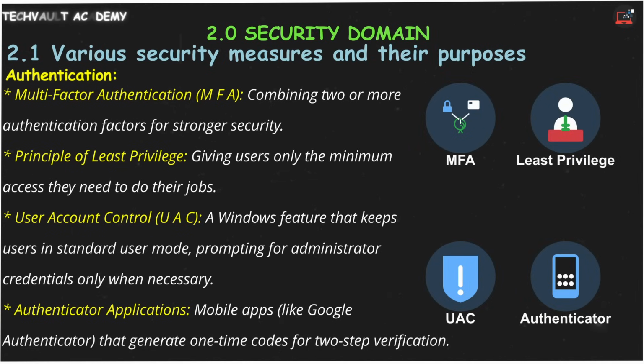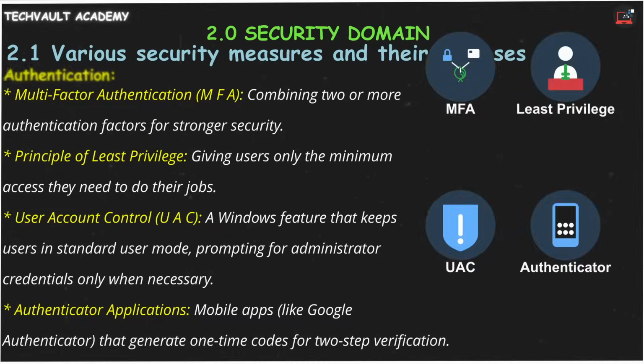Principle of least privilege, giving users only the minimum access they need to do their jobs. User Account Control, UAC, a Windows feature that keeps users in standard user mode, prompting for administrator credentials only when necessary. Authenticator applications, mobile apps like Google Authenticator that generate one-time codes for two-step verification.